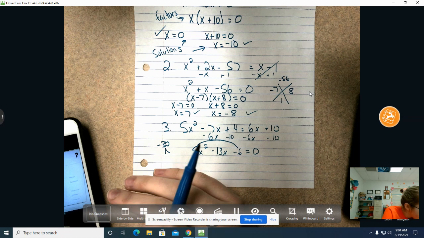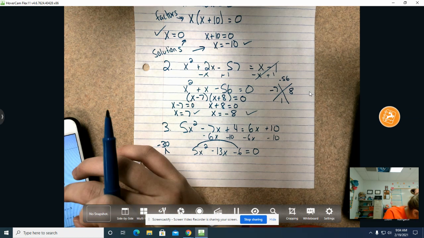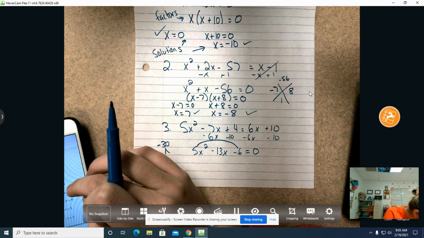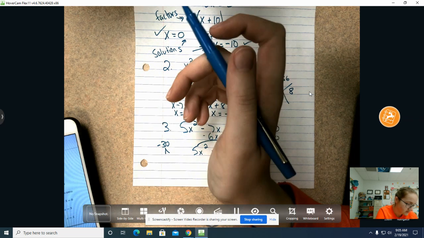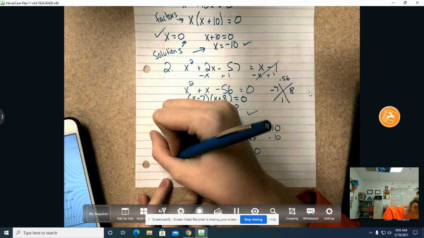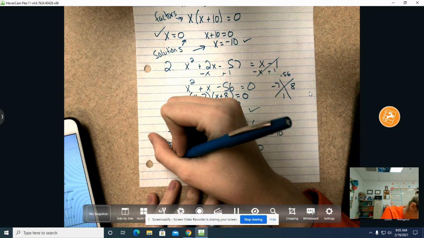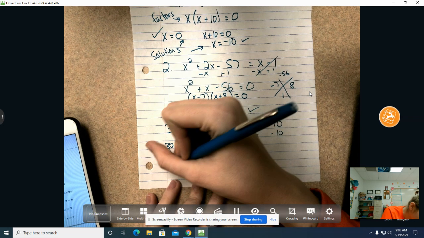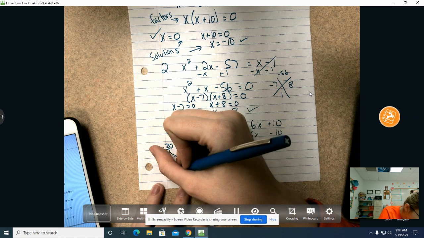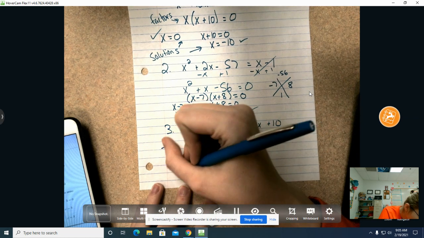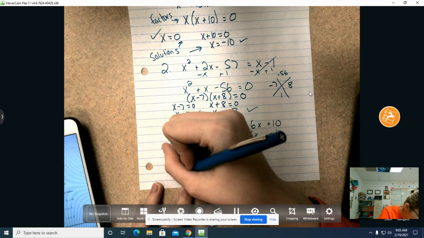Miss Morgan is blanking at the moment. Let's see, look back at my notes here. So that would be negative 10 and 3, or negative 3 and 10, or we'd have 6 and 5, or negative 6 and 5.